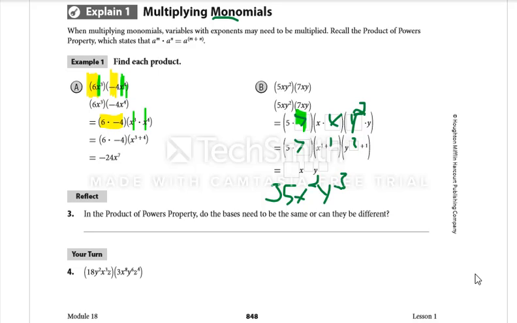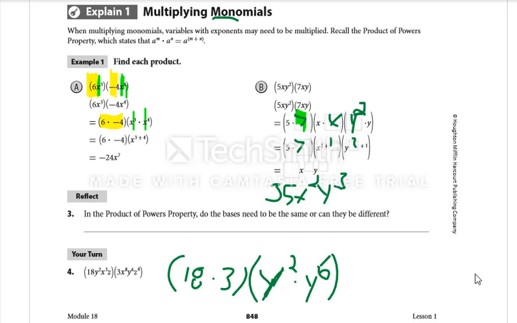We have 18 times 3. Okay, we have a y squared and a y to the 6th. So let's group those together. All right, we have x to the third and x to the 8th.